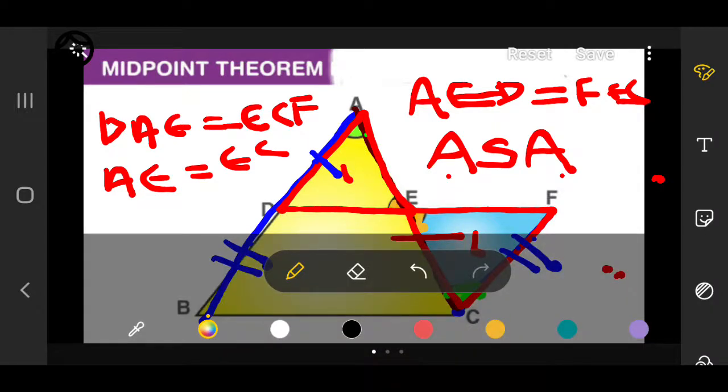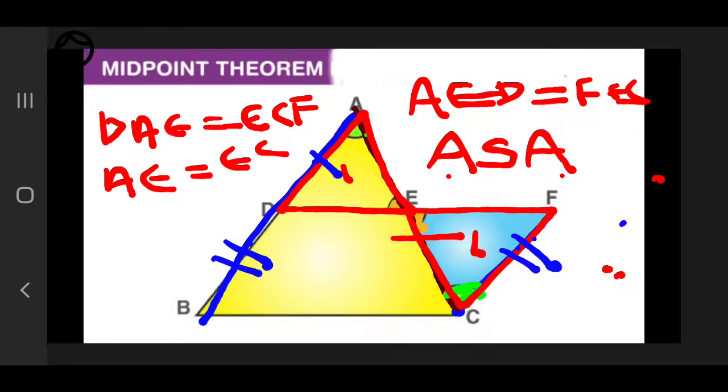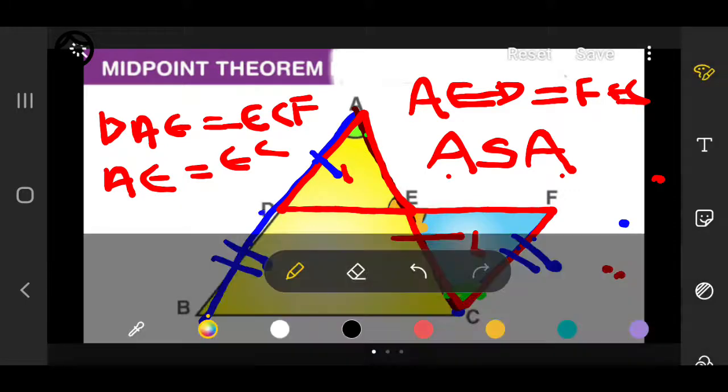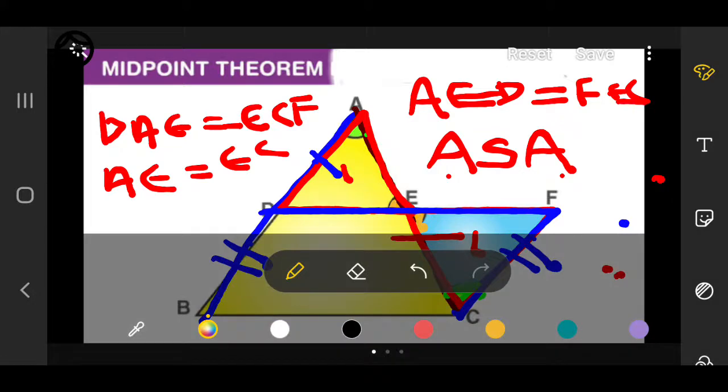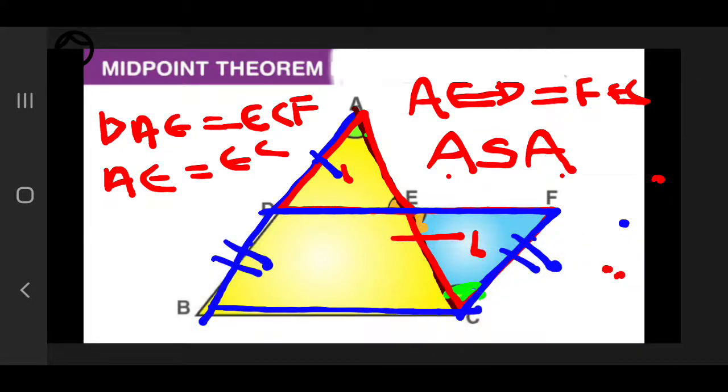In the quadrilateral DFCB, DB is parallel to FC and DB equals FC, which means DFCB is a parallelogram.